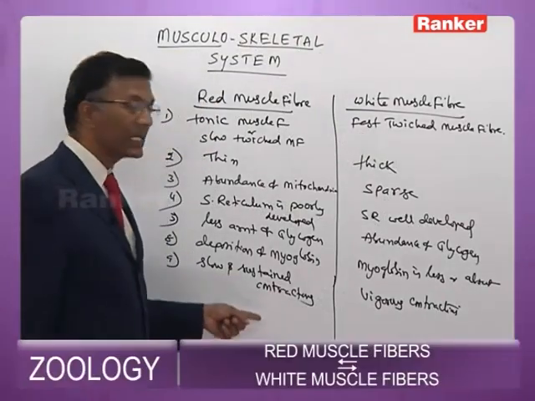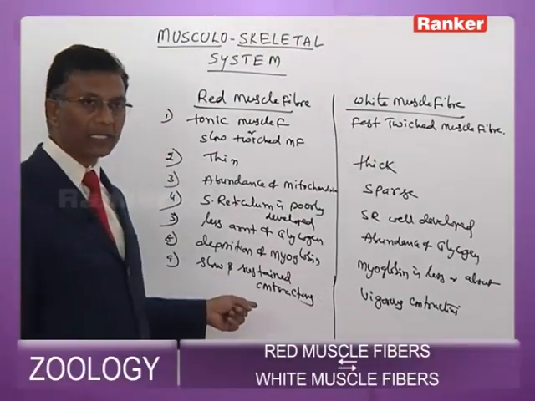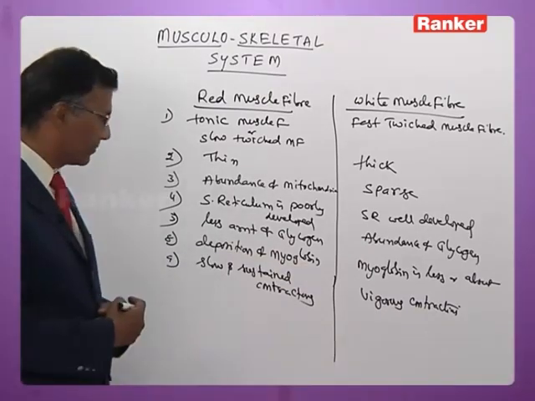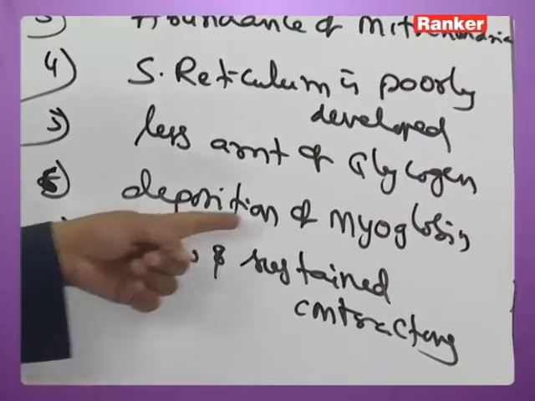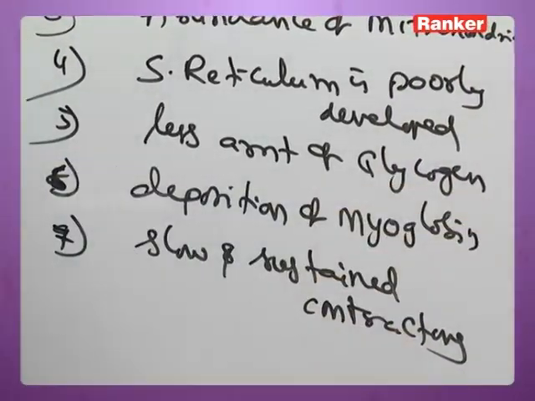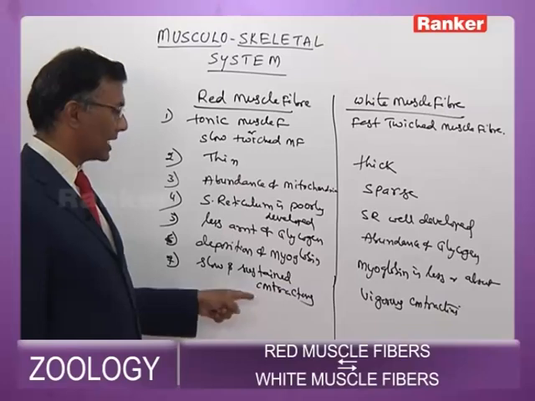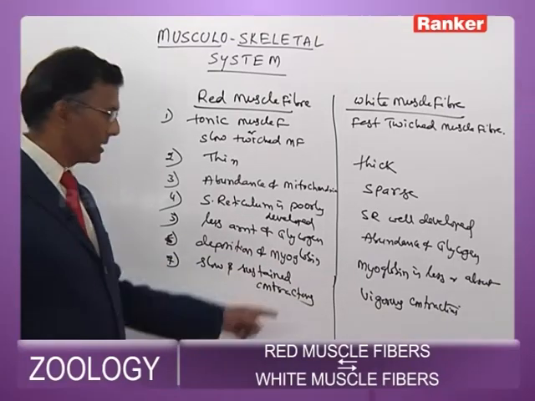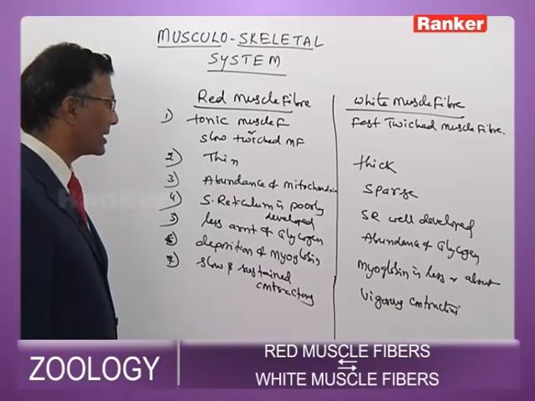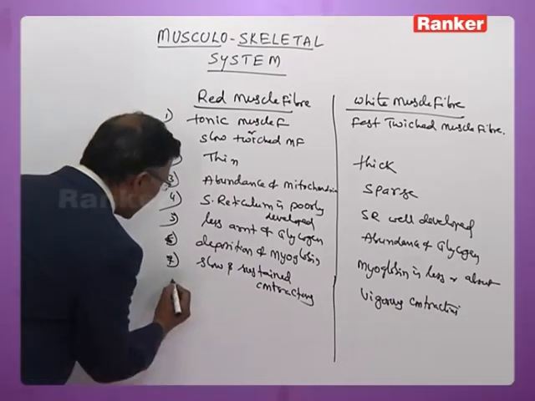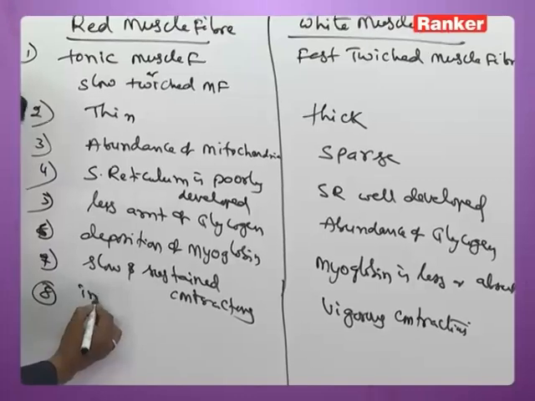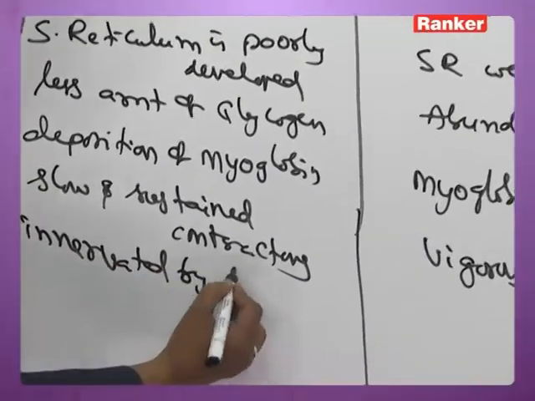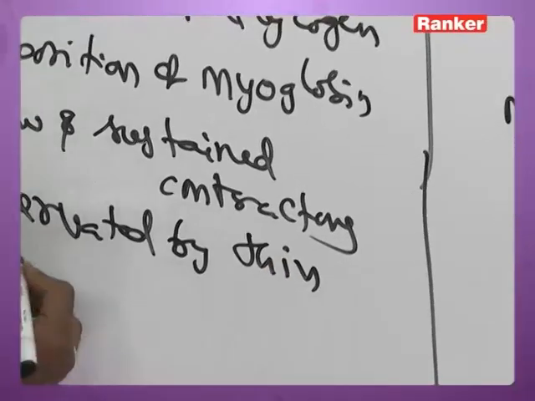Red muscle fibers undergo slow and sustained contractions, whereas white muscle fibers undergo fast and vigorous contractions. Red muscle fibers are innervated by thin nerve fibers.